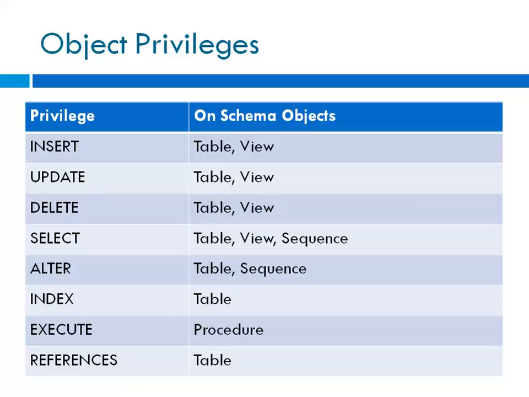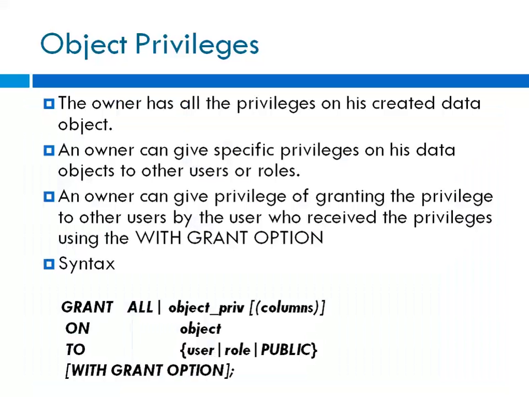Select privilege works on table, view and sequence. Alter privilege works on table and sequence. Index privilege works only on the table schema object. Execute privilege works only on the procedure schema object, and references works only on the table schema object. References is the process of creating a foreign key.